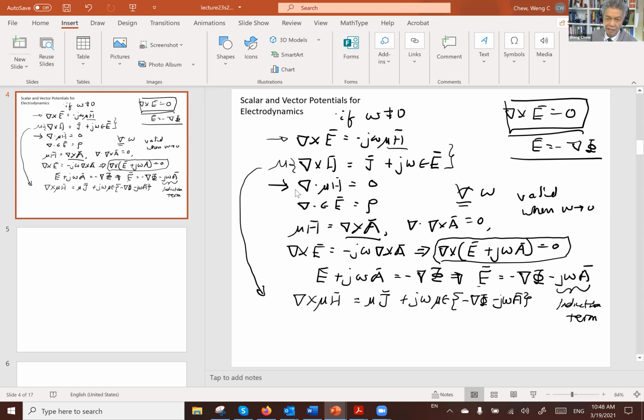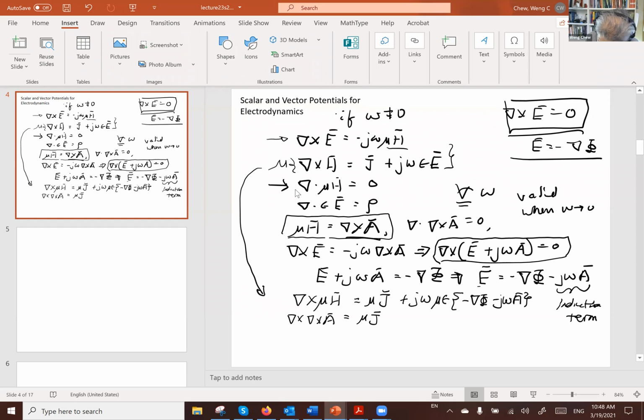And on the left-hand side, I have mu H, which has been set to be this value over here. So I can write the left-hand side as curl of curl of A, equal to mu J.